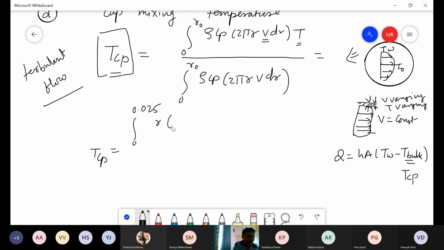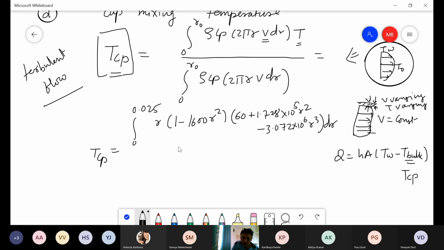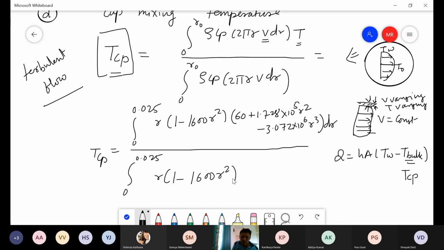So R into V, where V is given as 1 minus 1600 R square, and T we are going to have as 60 plus 1.728 times 10 raised to power 5 R square minus 3.072 times 10 raised to power 6 R cube, into dr, and this is divided by again the integral from 0 to 0.025 of R into (1 minus 1600 R square) dr.